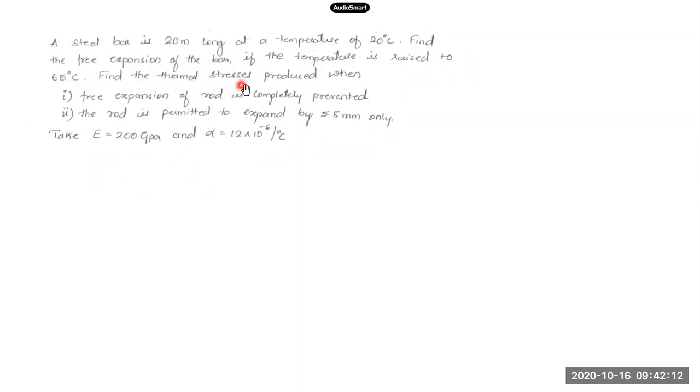Find the thermal stresses produced when free expansion of the bar is completely prevented. Two, the rod is permitted to expand by 5.8 mm only. E is 200 GPa. Alpha is 12 into 10 raised to minus 6 per degree Celsius.